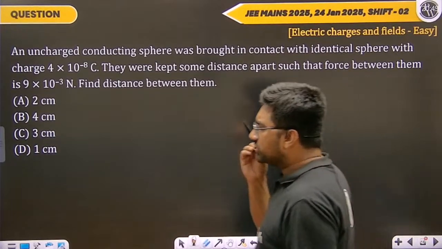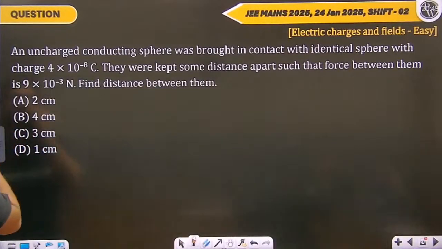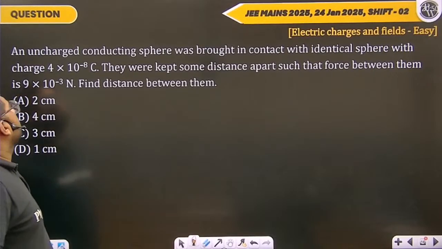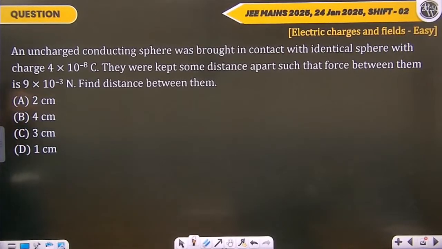This is a question from electrostatics. An uncharged conducting sphere was brought in contact with an identical sphere with a charge of 4 into 10 power minus 8 coulomb. They were kept some distance apart such that the force between them is given. Find the distance between them.